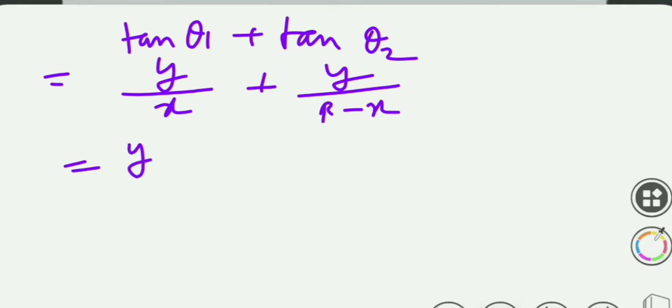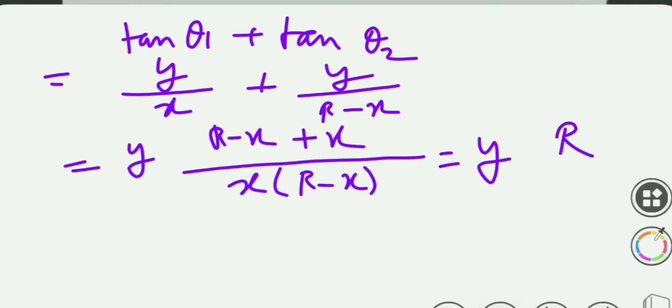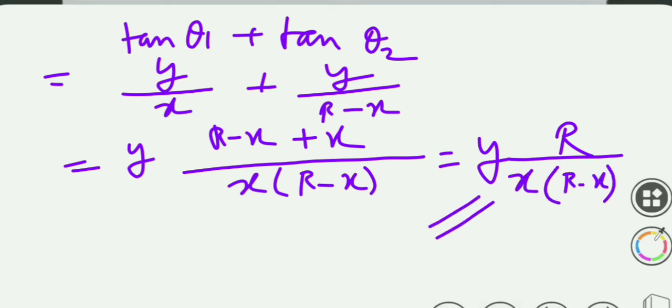Let's take y common and take the LCM: x into R minus x. R minus x plus x will become y into R divided by x into R minus x, and this is equal to tan alpha as we found earlier.